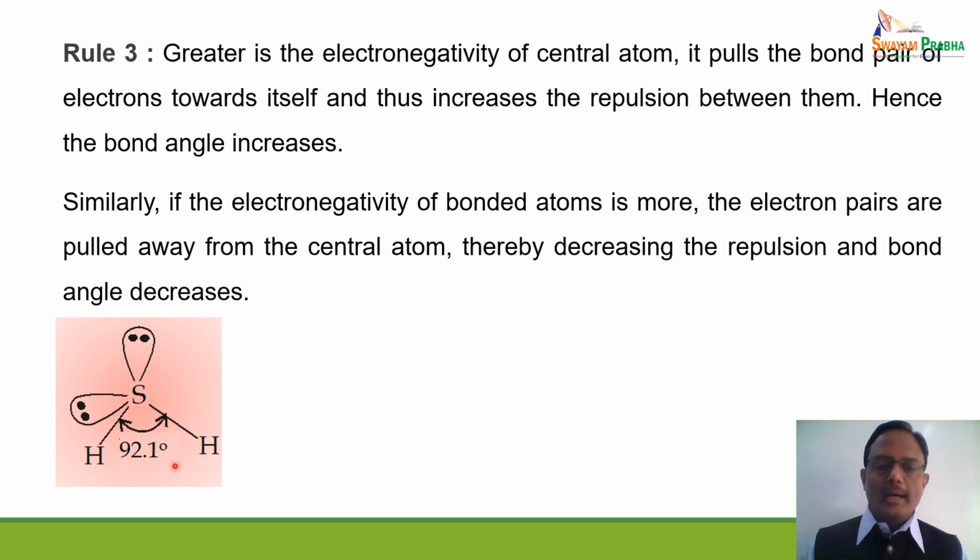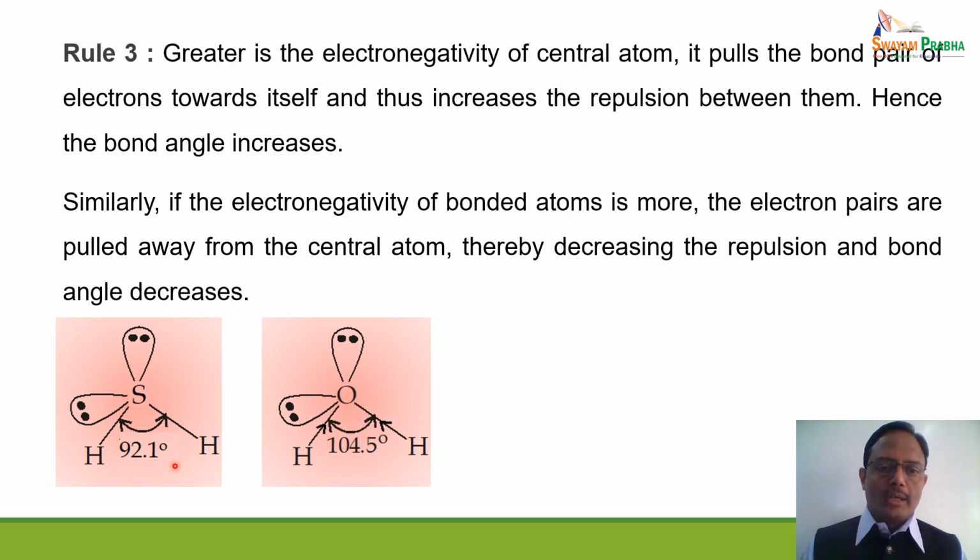But if we compare this with the H2O molecule, we can see that in case of H2O, oxygen is more electronegative as compared to sulfur in H2S. Hence, these bond pairs of electrons are attracted more towards oxygen. Since they are attracted more towards oxygen, there will be more repulsion between them because the distance between them is decreasing.